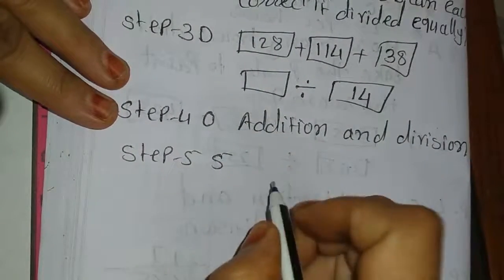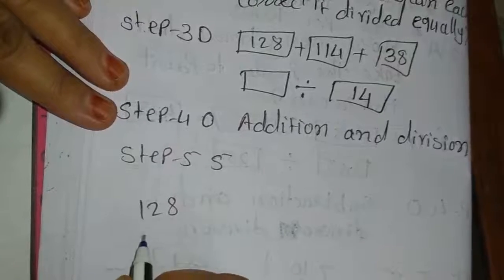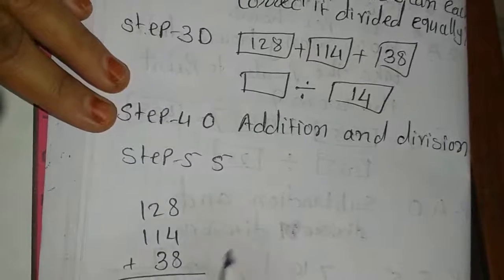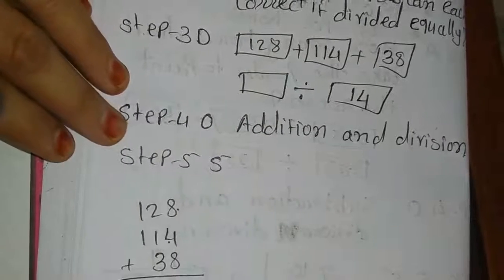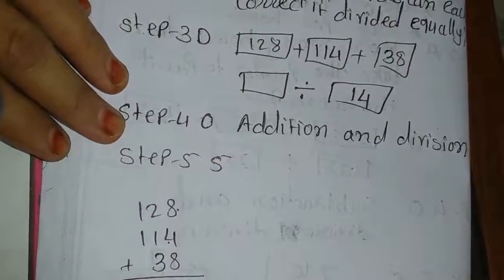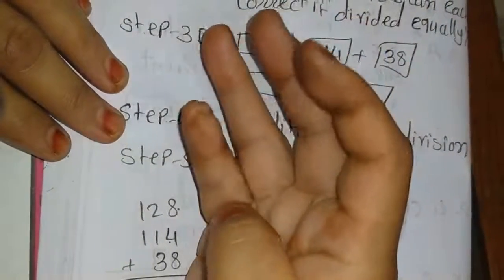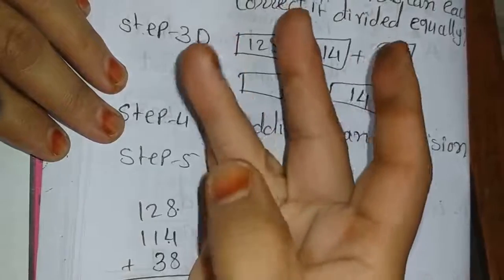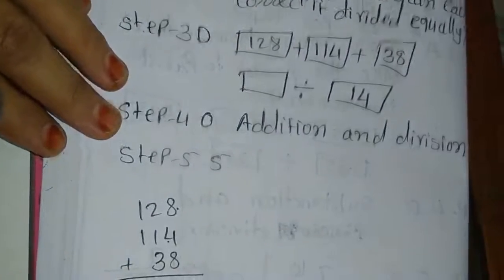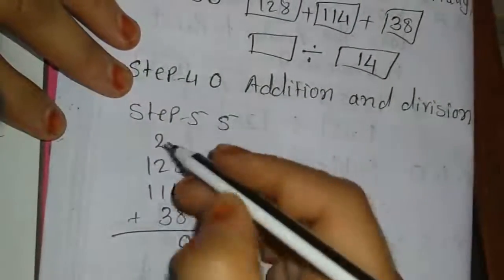So here first of all we have to do the addition. 128, 140 and 38. 8 plus 4, 8 in your mind, 4 on your finger, 8 then 9, 10, 11, 12. 12 plus 8, 12 in your mind, 8 on your finger, 12 then 13, 14, 15, 16, 17, 18, 19 and 20. So we write here 0, 2 is a carryover.